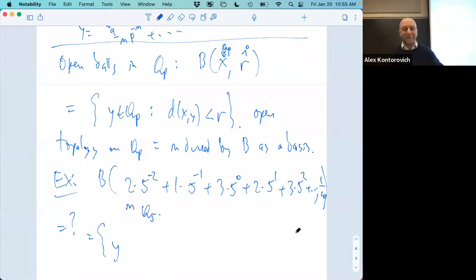Oh, you're telling me what it is. Yes, okay. So how many first terms are the same? You say the first 2 terms have to be the same. Why do you say the first 2 terms have to be the same?